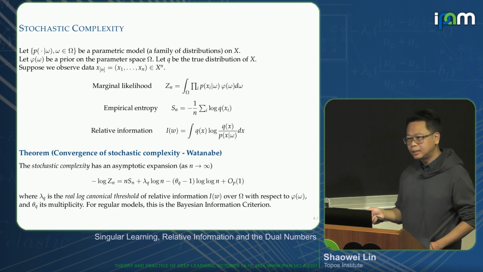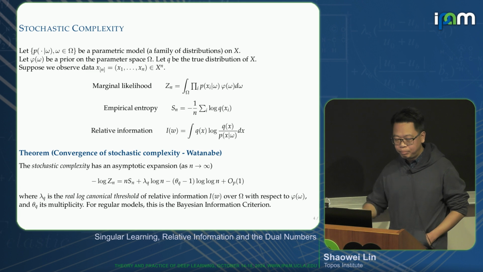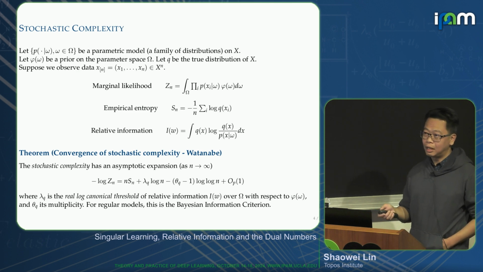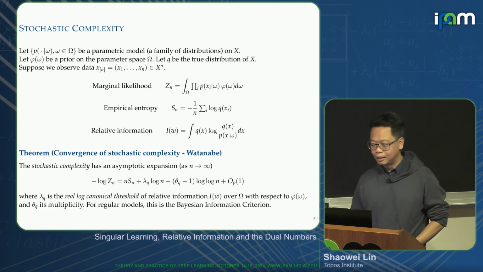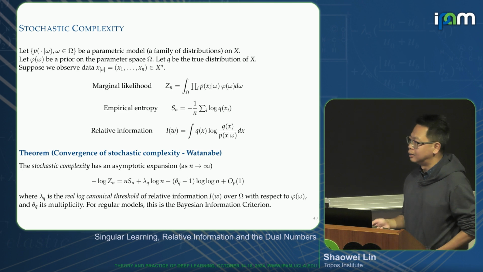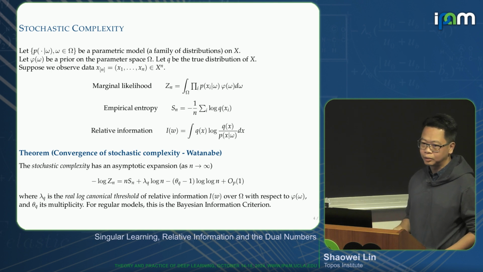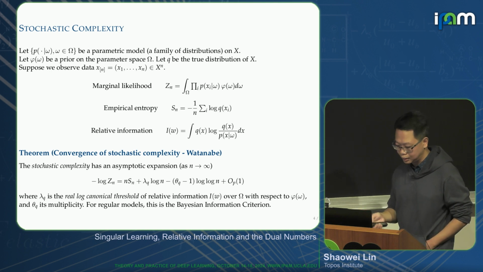And the proof of this took pretty much half of Watanabe's textbook. It's very involved, a lot of deep statistics in there, and algebraic geometry and other things. Quite an incredible feat. But it's amazing that after all that, you could basically simplify the asymptotics of stochastic complexity to this.